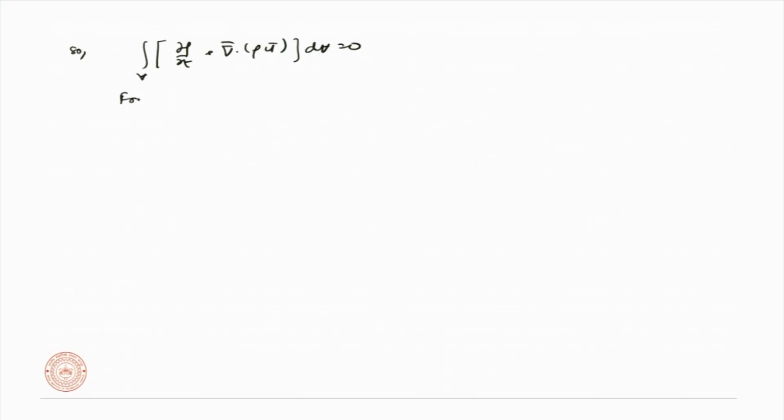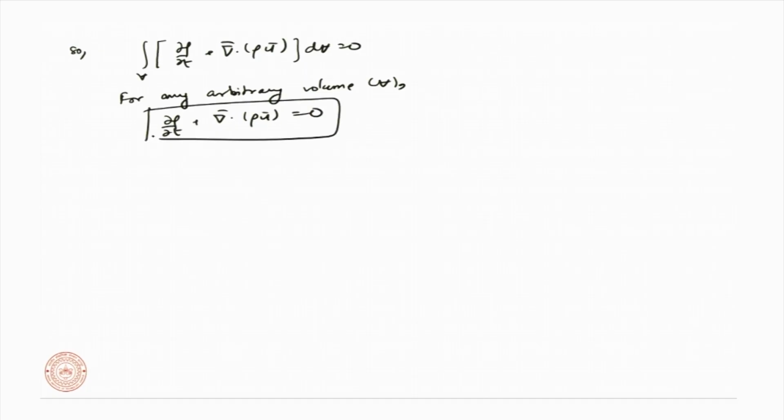And for any arbitrary volume, again the integrand should be 0. So, ∂ρ/∂t plus ∇ dot ρ u vector is equal to 0. So, we get the same formulation as an outcome.